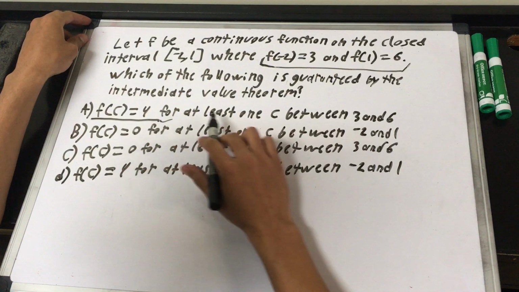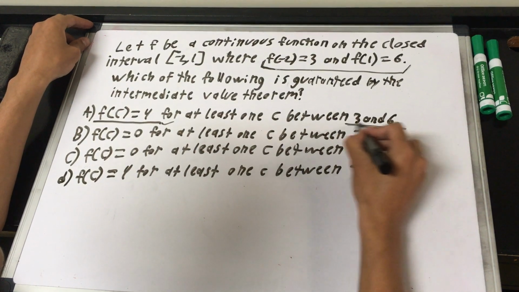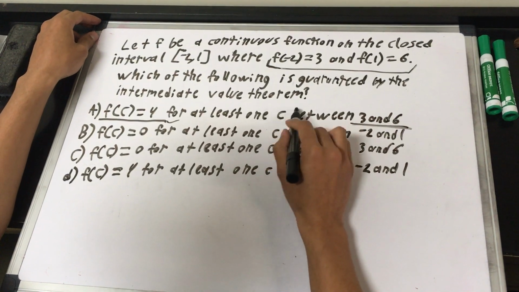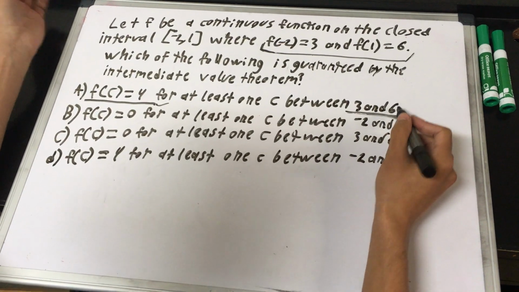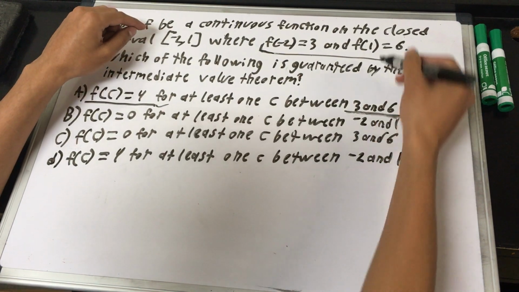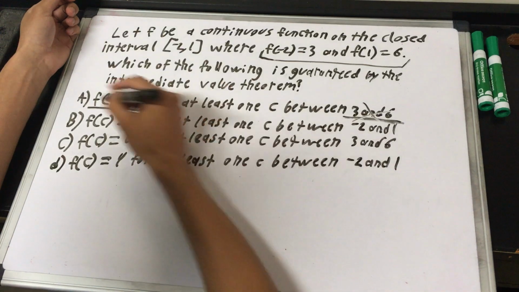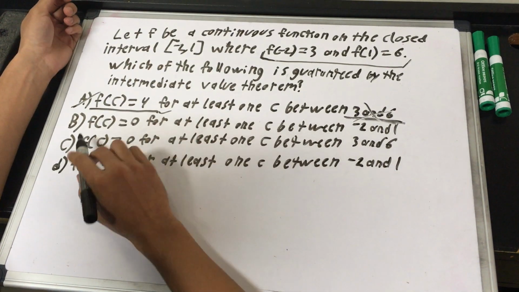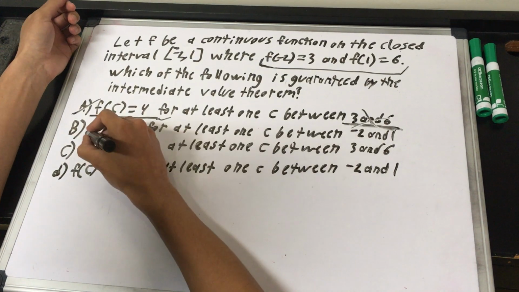And let's continue with "for at least one c between 3 and 6." Here c is basically our x value, and 3 and 6 are y values, not x values. So this is incorrect, and A can be cancelled out. Now let's start with B. f of c equals 0.